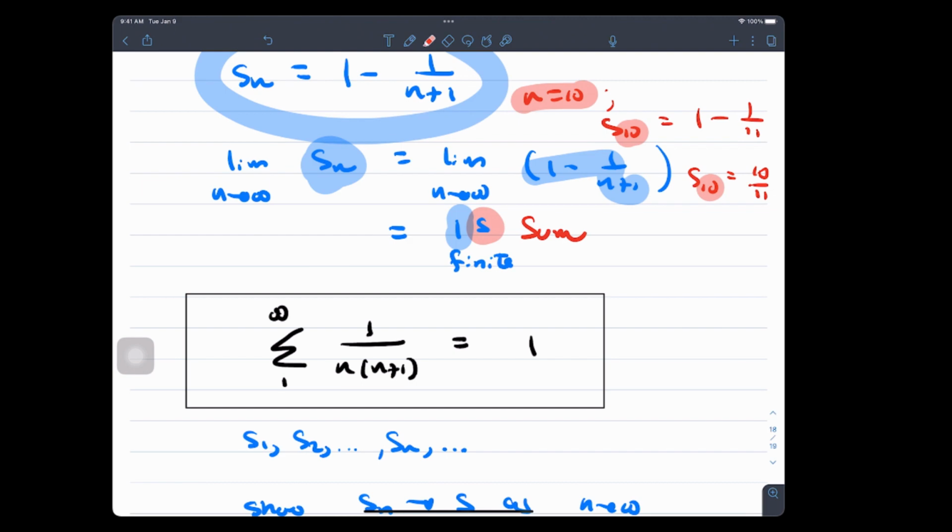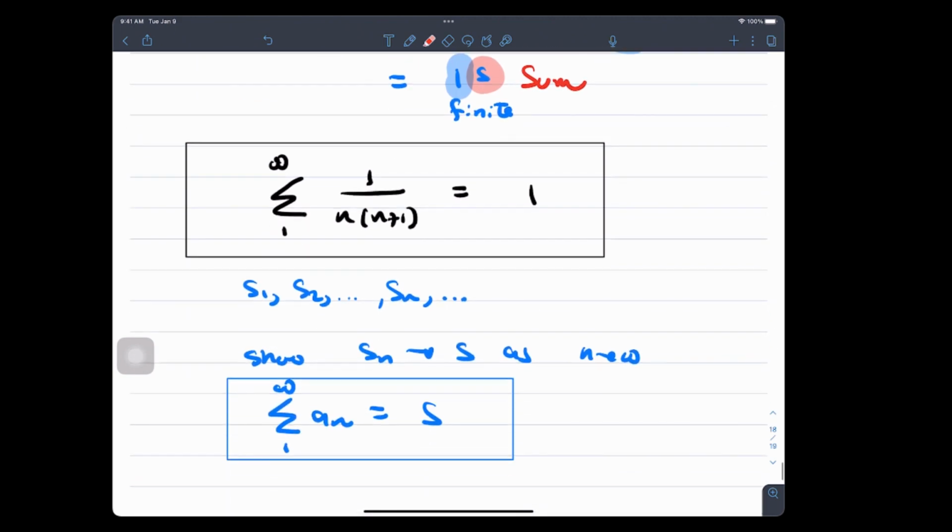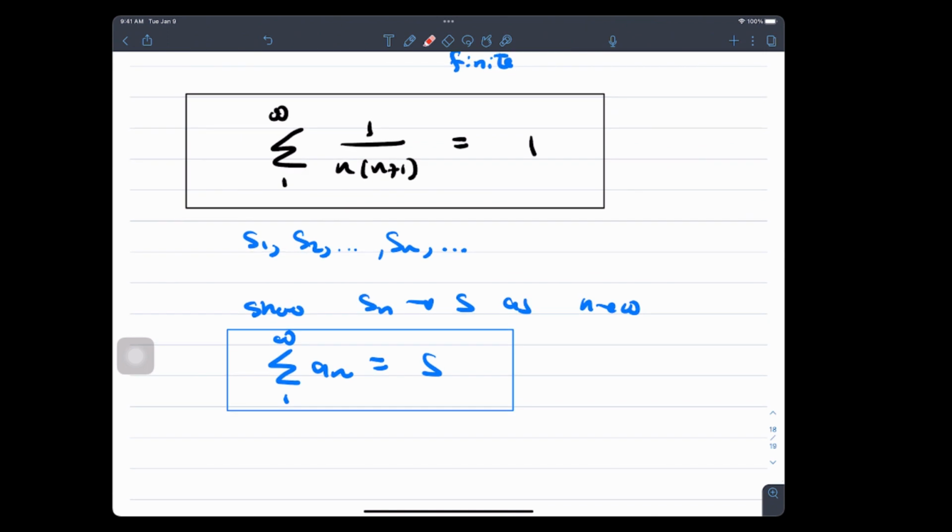But what's under the hood is always that the sequence of partial sums needs to converge for you to have a finite series, meaning an infinite sum adds up to a finite value. But you have to get a handle on that sequence of partial sums. That's the key. It's very difficult to do in general for an arbitrary series, but in the beginning, it happens.